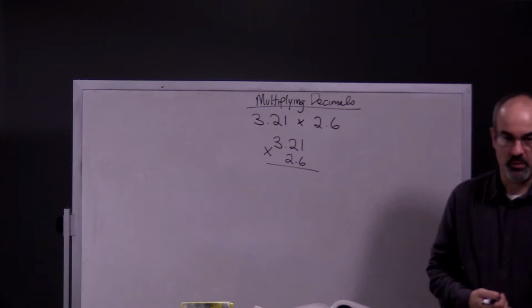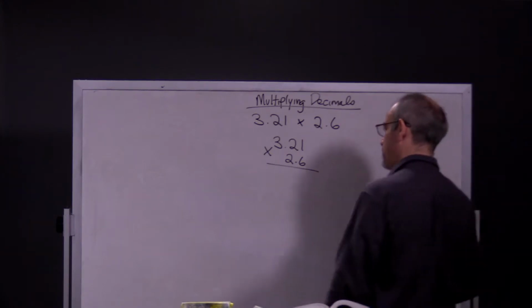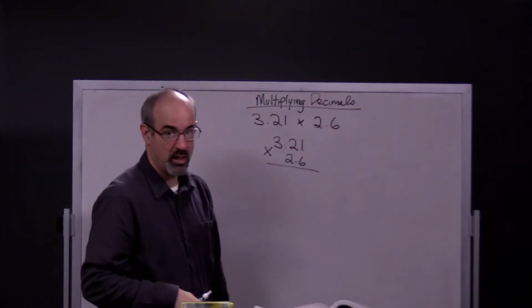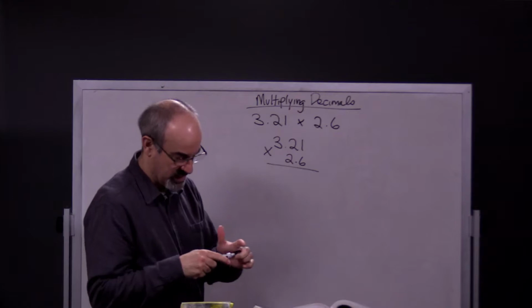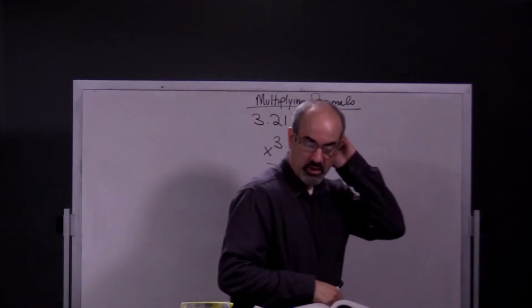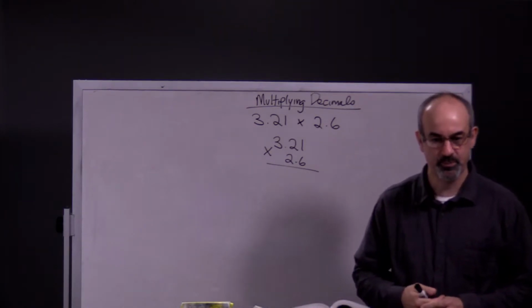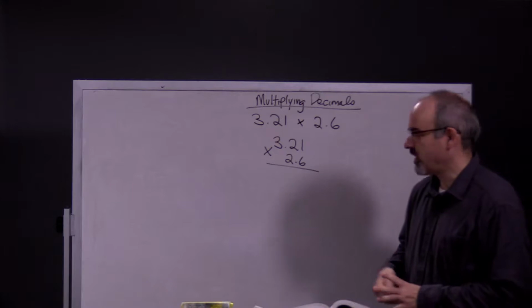So what you're going to do when you multiply decimals is you're going to basically pretend, I always use the word pretend, even though imagine is probably a better word. You're going to ignore the decimal.